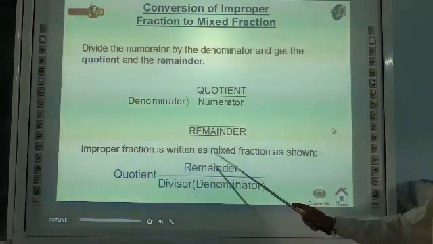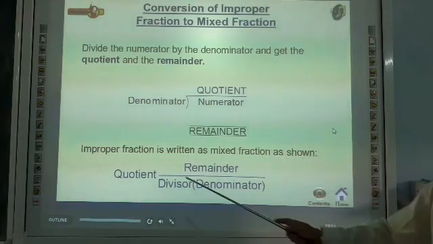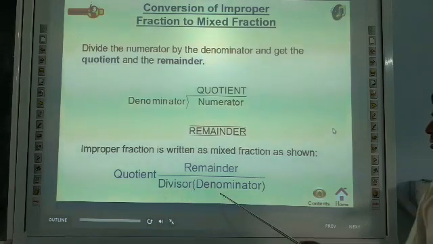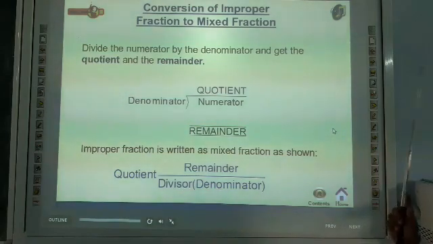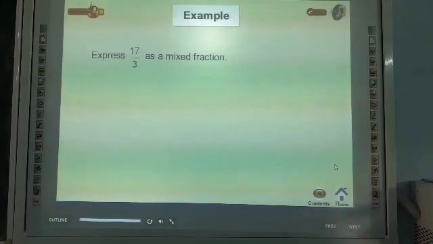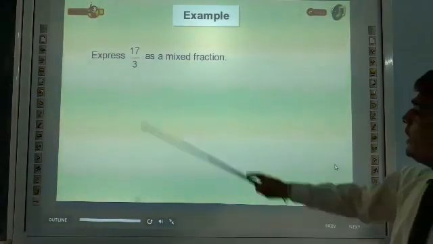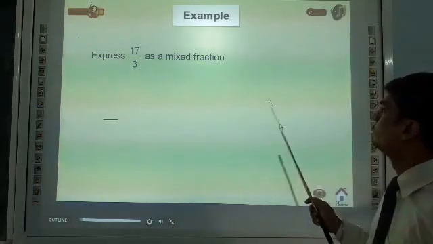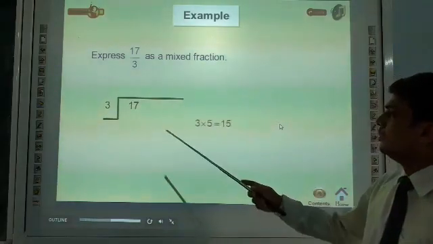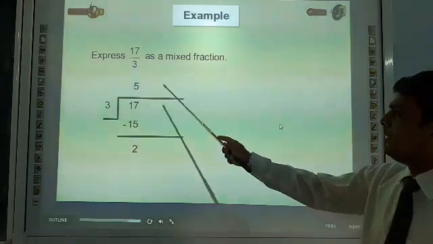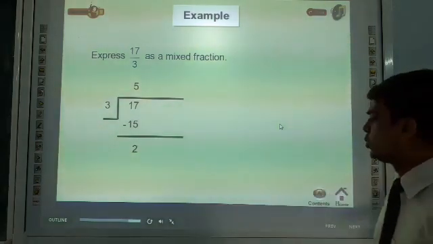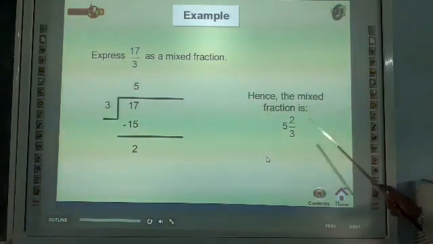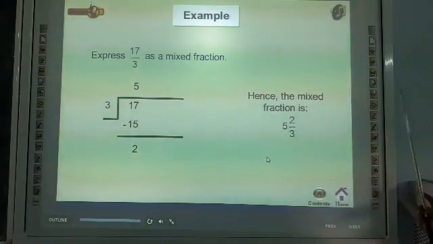An improper fraction is written as a mixed fraction as shown: quotient, remainder upon divisor, denominator. For example, express 17 upon 3 as a mixed fraction. 3 5s are 15, remainder is 2. Hence, the mixed fraction is 5 2 upon 3.